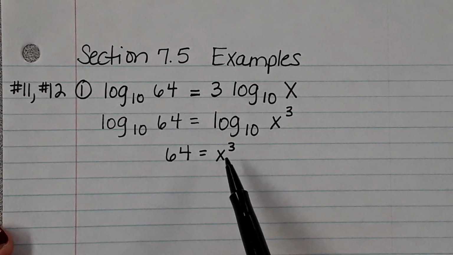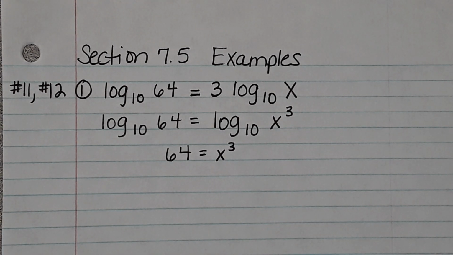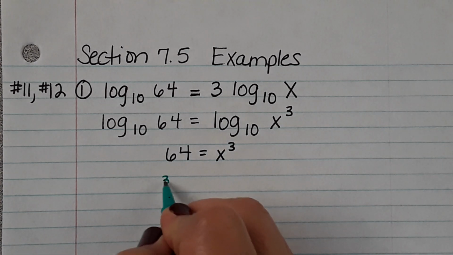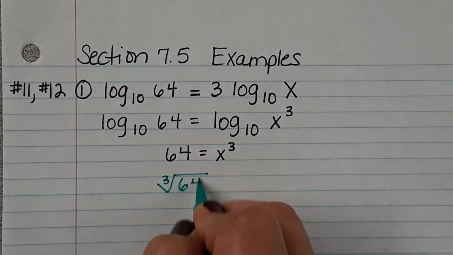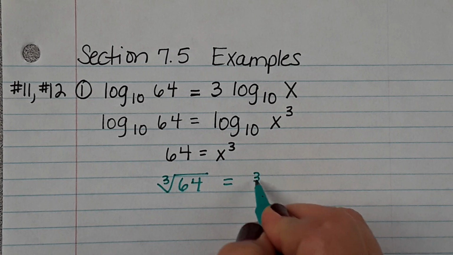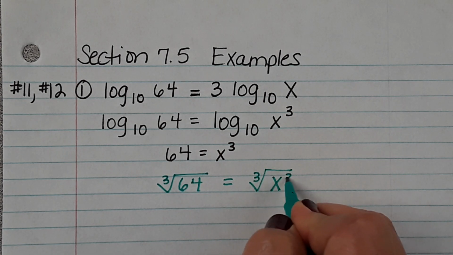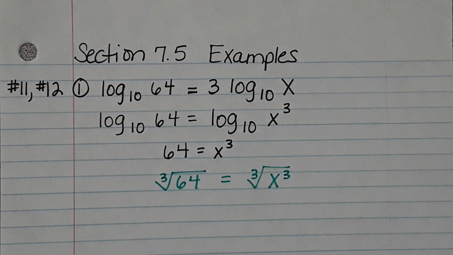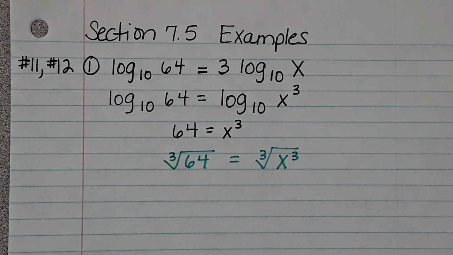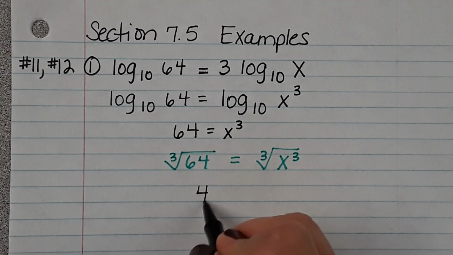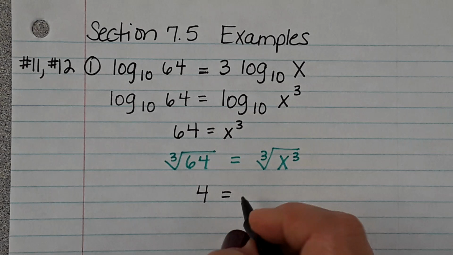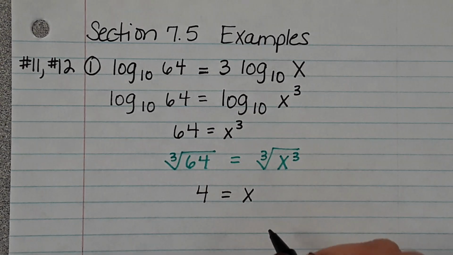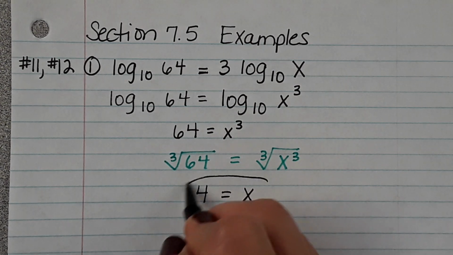Okay, now, how do you get rid of something that's cubed? We're going to take the cube root of 64, and we're going to take the cube root of x to the third. So the cube root of 64 is 4. The cube root of x to the third is x, and that's our answer.